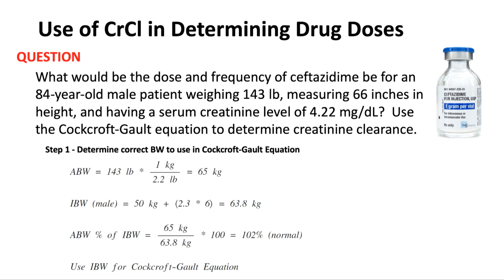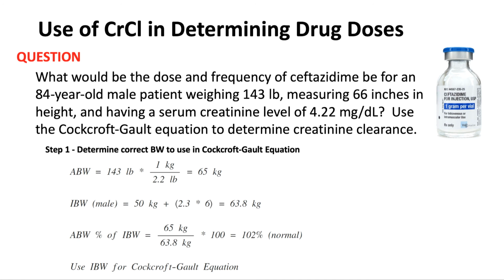So now let's calculate how much over their ideal body weight their actual body weight is. So take their actual body weight of 65 divided by their ideal of 63.8 kilograms times 100, we see this patient has 102%. Their actual body weight is 102% of their ideal body weight. Well, that's great. That's a very normal weight person.